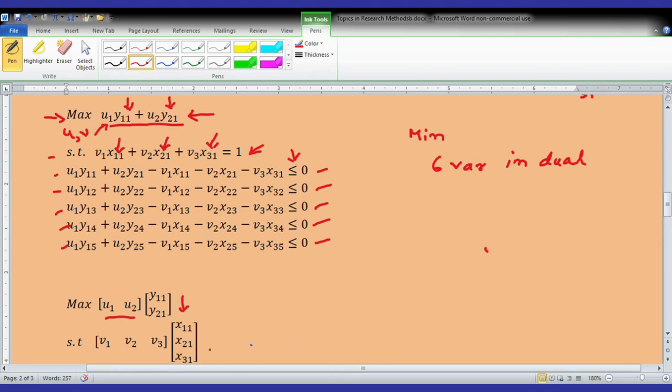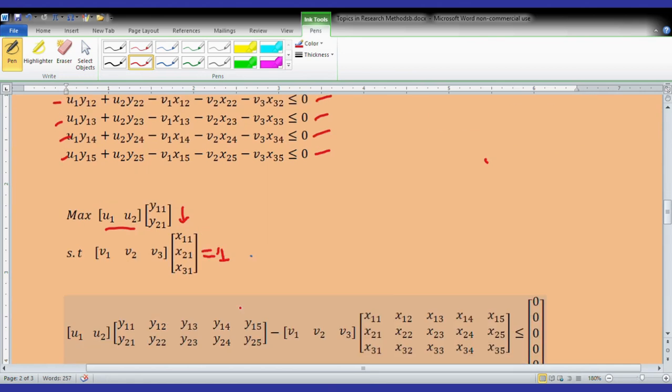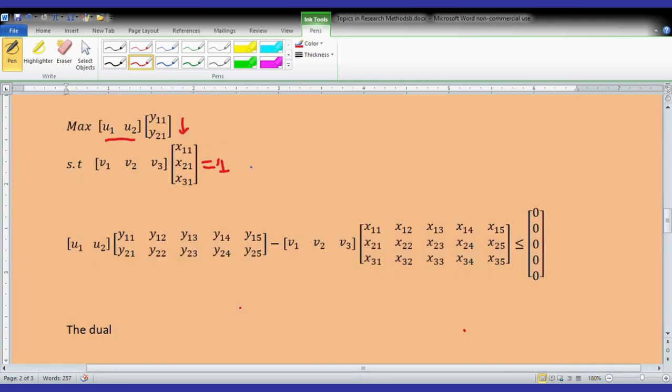Similarly, this is going to be your first constraint equal to 1, of course, and then the rest of the constraints are mentioned in terms of these products of this matrix along with this matrix, and this matrix along with this matrix, with a minus sign around here.